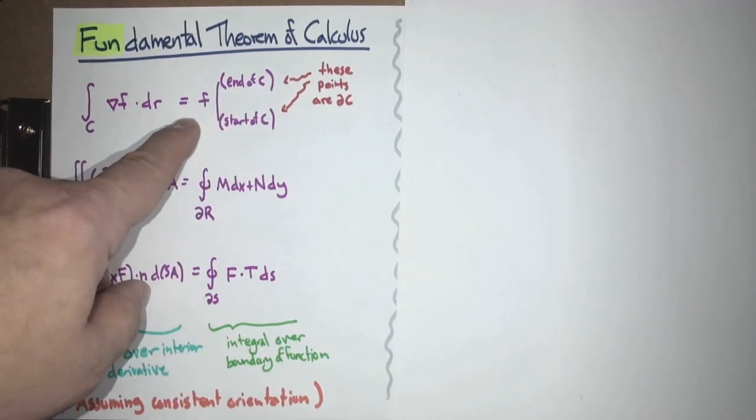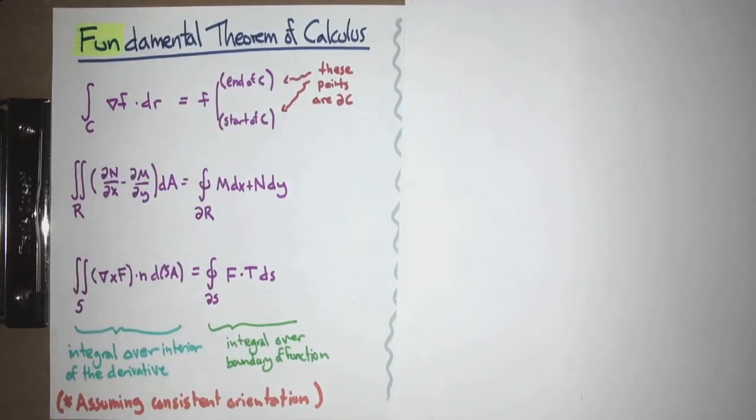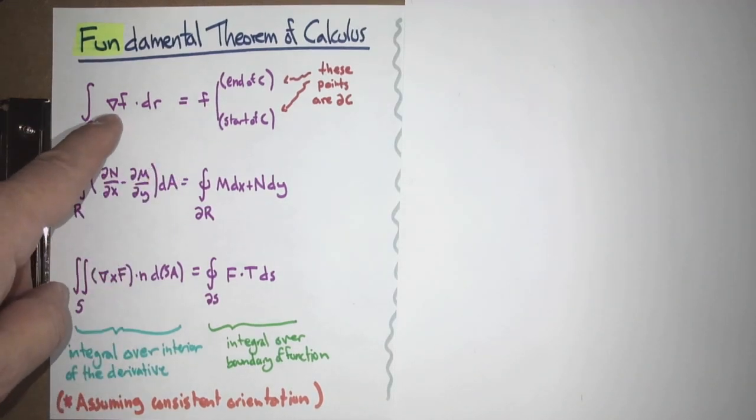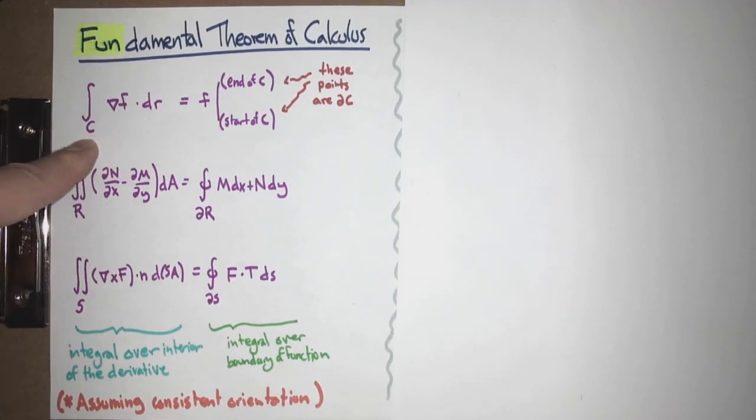You take the function at the end of your curve, subtract the function at the start of the curve. Now, if you think about it, endpoints are the boundary of your curve. So I'm taking information about what's happening on my boundary with the function. That gives me information about a sum total of the derivative of the function along the interior.